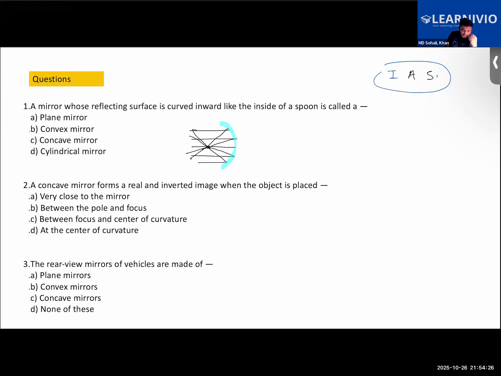Good. Okay. Next question is a bit interesting one. It says a concave mirror forms a real and inverted image between focus and center of curvature. This is a bit of an off question actually, because this is taught in grade 8 and 9. The terms related to spherical mirrors like center of curvature, focus, pole, etc. are not in the syllabus, so we will skip that. I know there are formulas for this also.